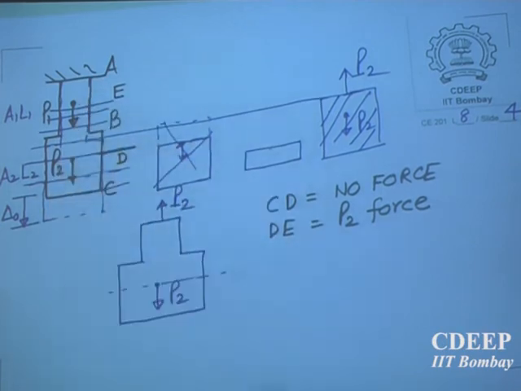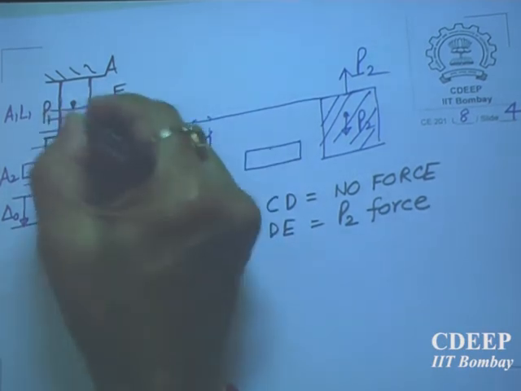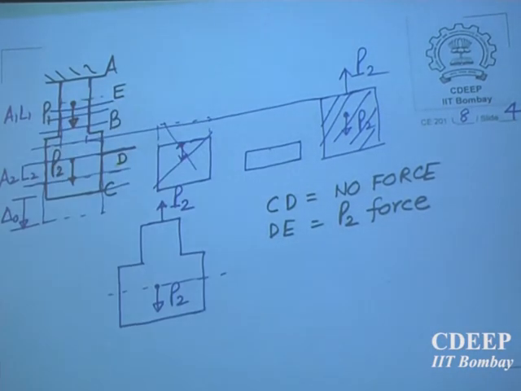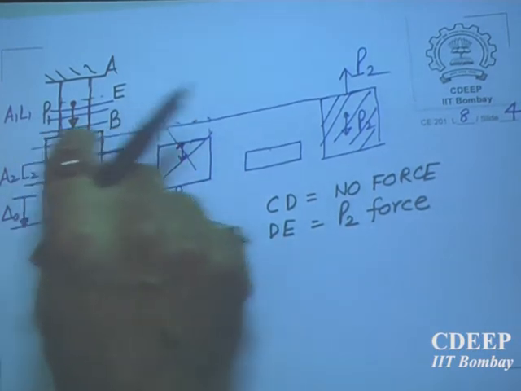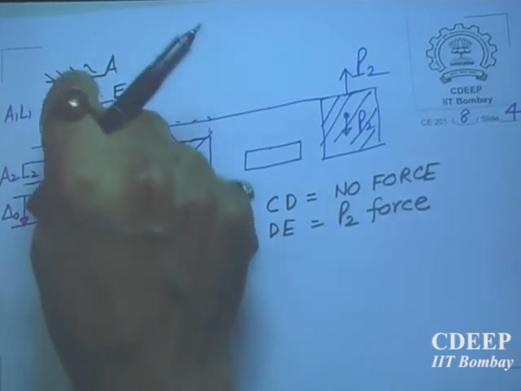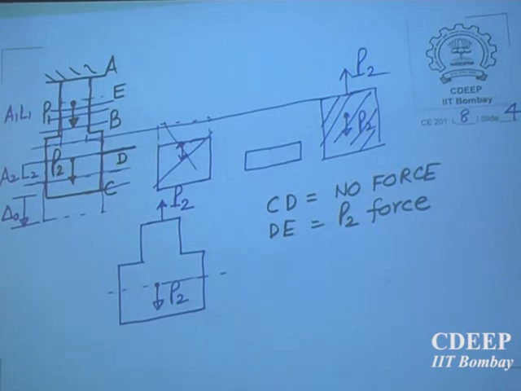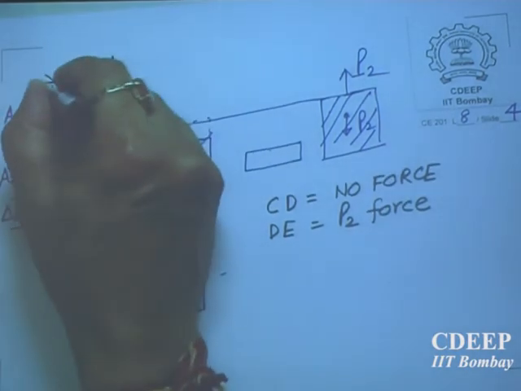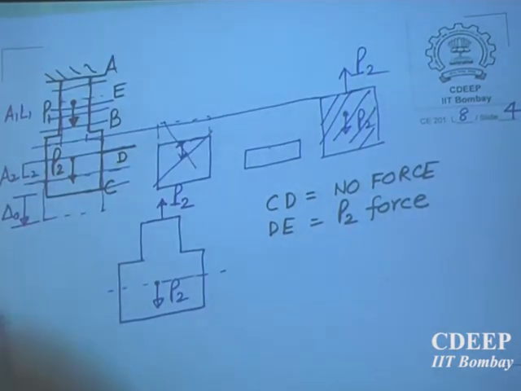From D to E, yes, E is here, up to here. That means in the bigger cross section as well as in the smaller cross section, the force that will be acting will be only P2. Then you take a section above, cross that.